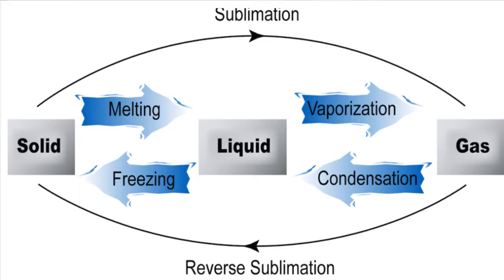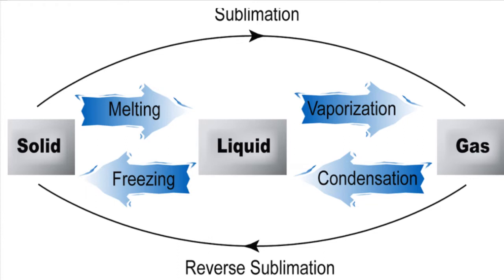state. In this diagram, we can see the various changes in the states of matter. When ice on melting converts into liquid, and when this liquid is again heated, it changes into gas. Gas is again cooled down, undergoes the process of condensation and changes into liquid.